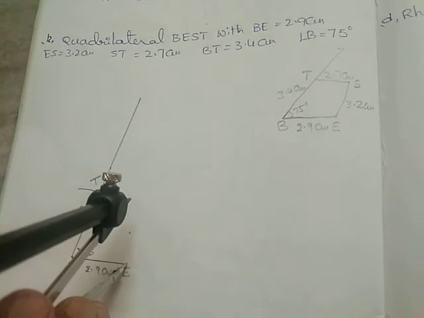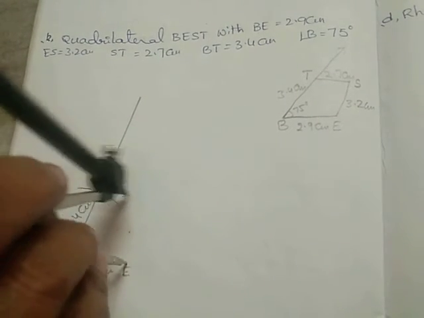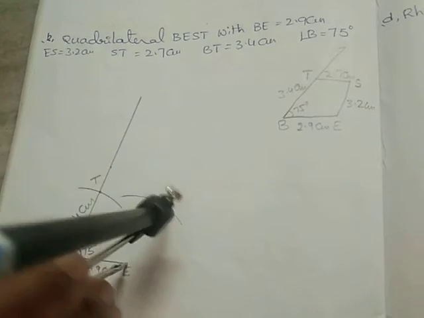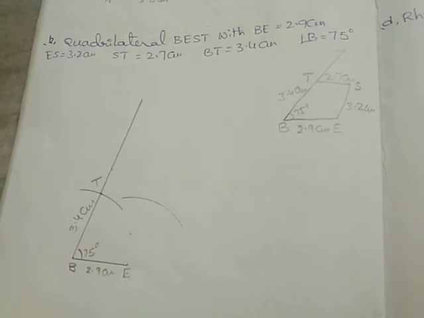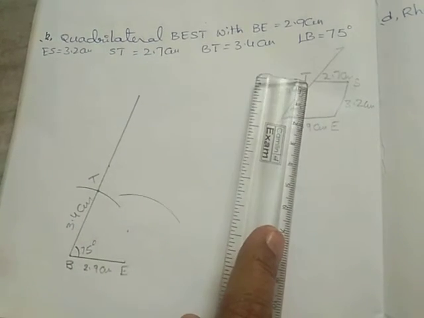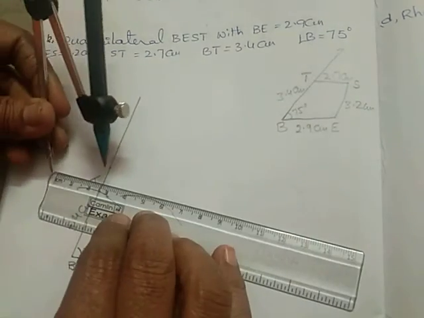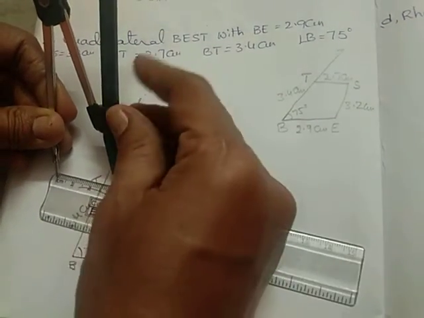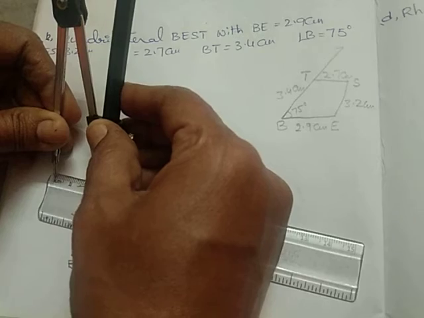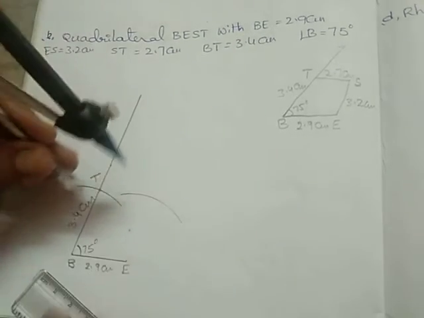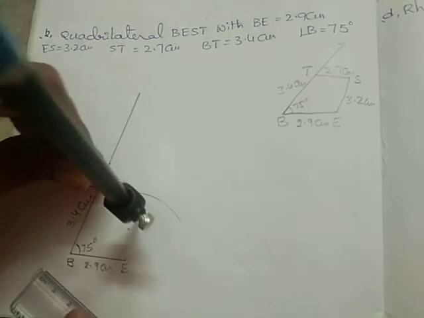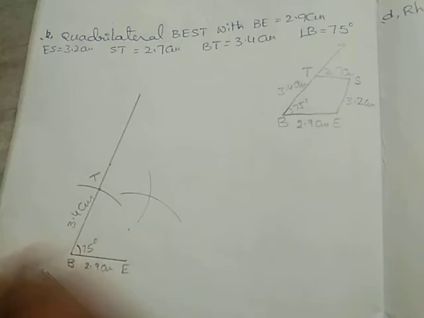This is the arc, 3.2 centimeters, and then taking T as center, draw another arc with radius 2.7 centimeters. So this is the arc, 2.7 centimeters.